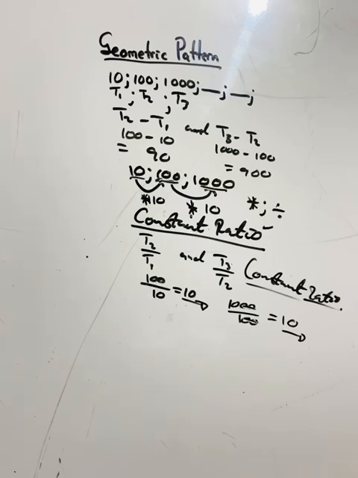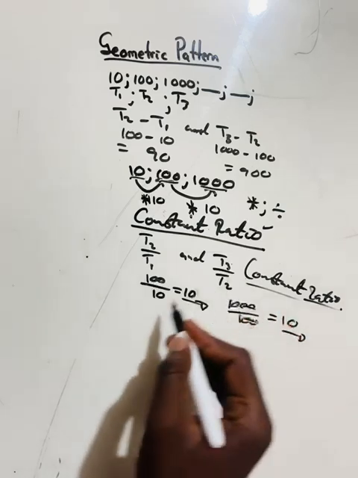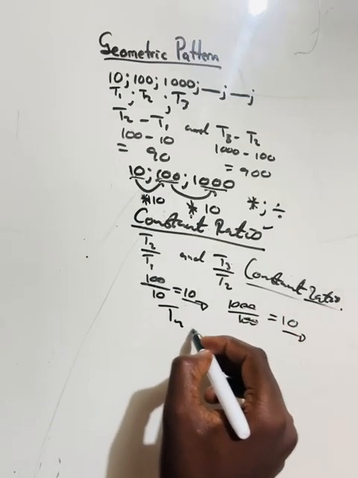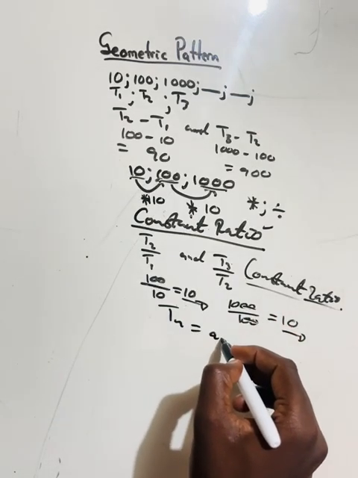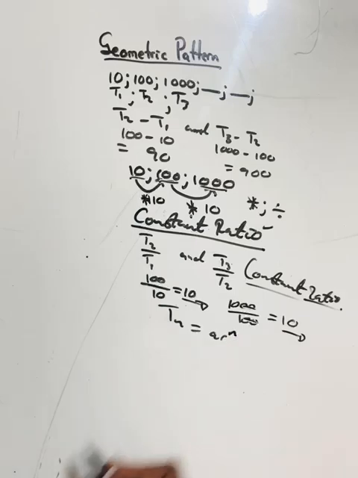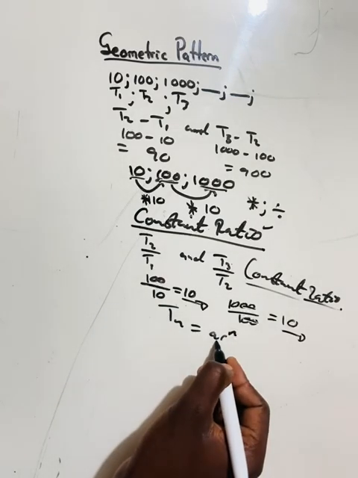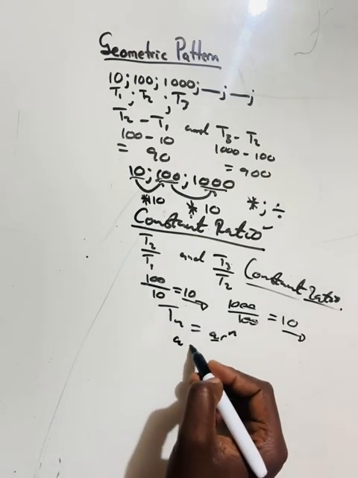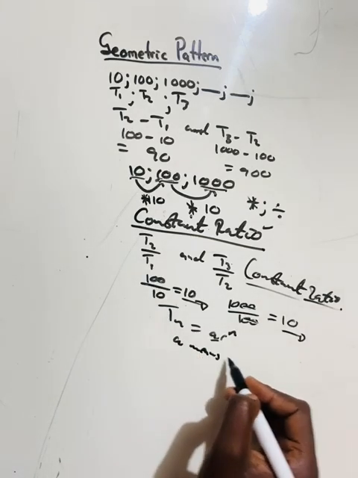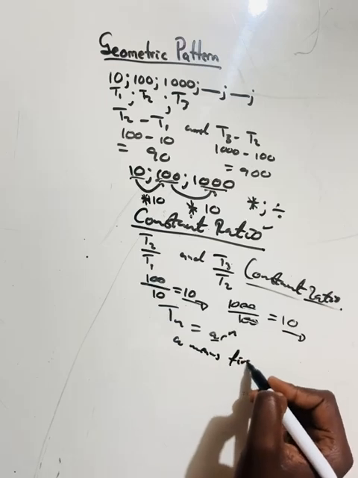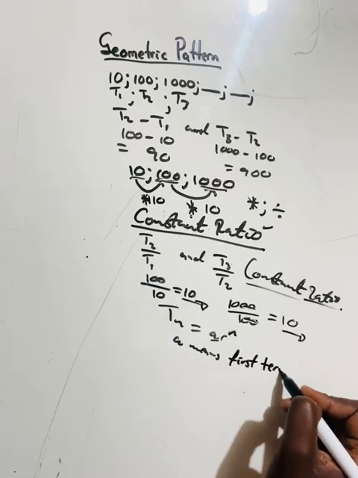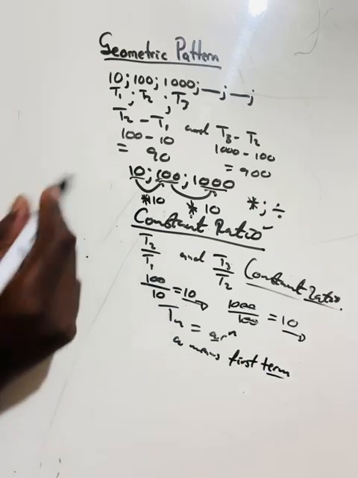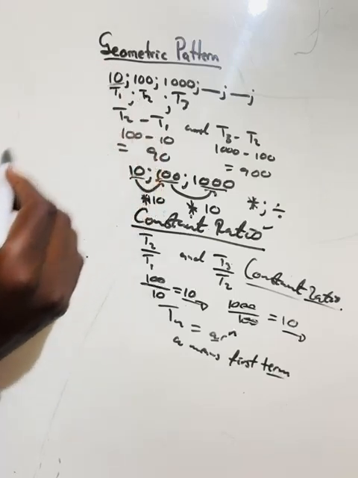Now, what is the formula for the geometric pattern? The formula obviously is different from linear patterns. We now say Tn is equals to A r to the power n. Now we need to define, right? What does the letter A stand for? A means the first term. The first term that you have been provided in the geometric number pattern was 10.